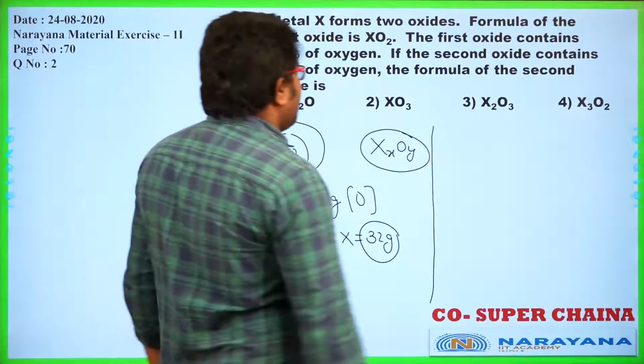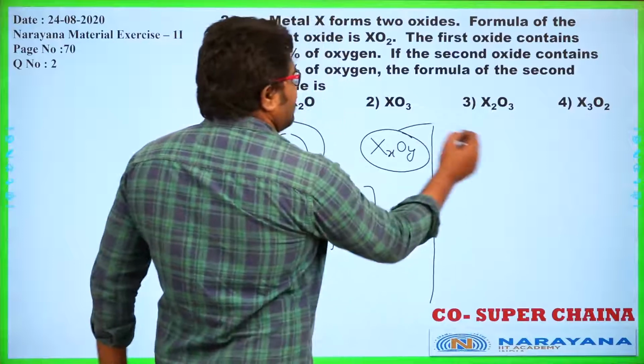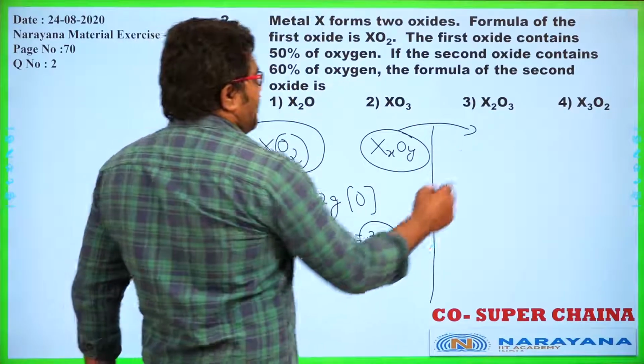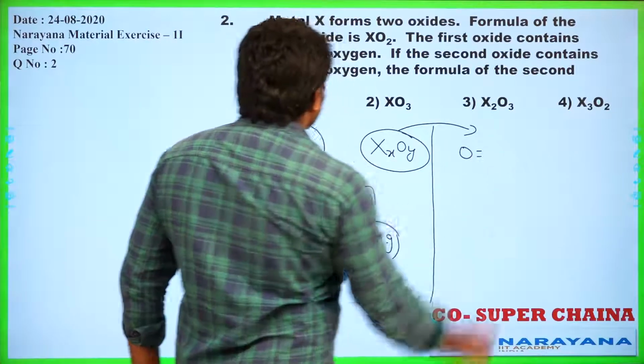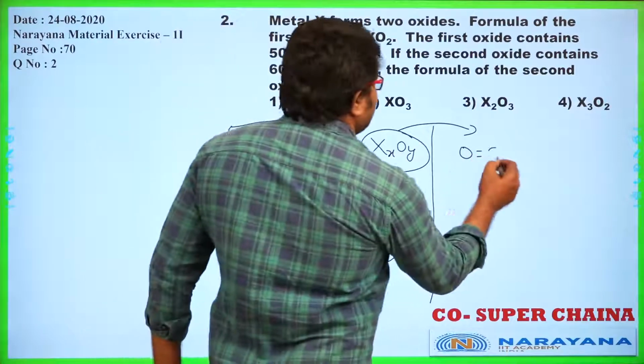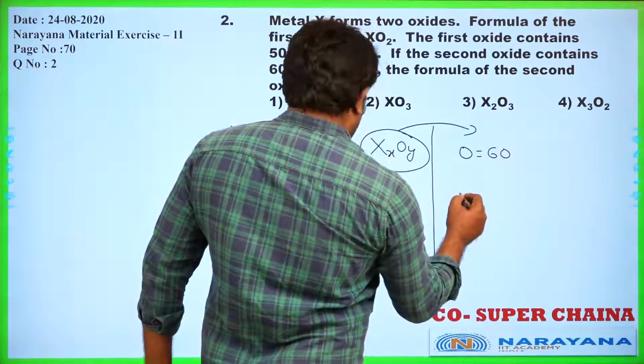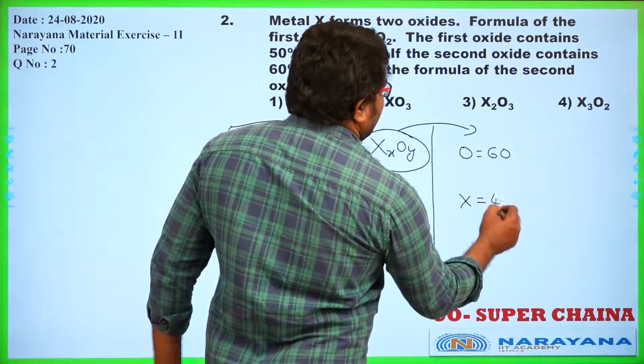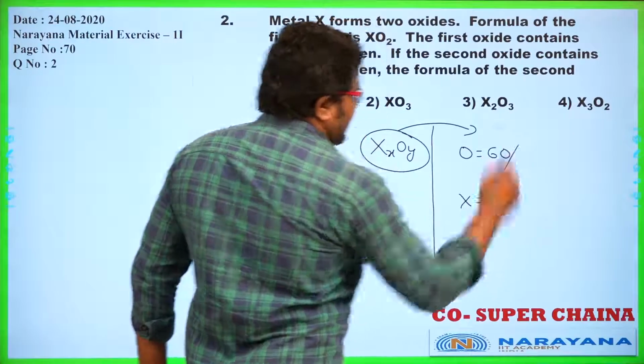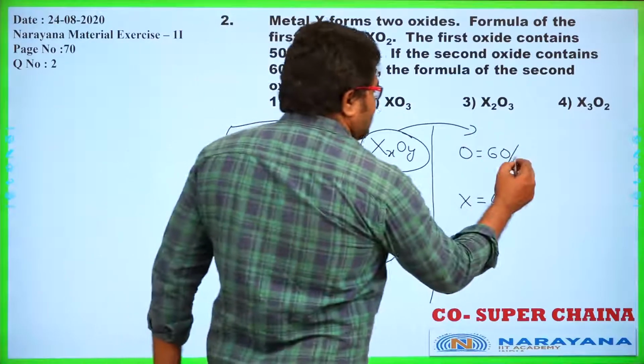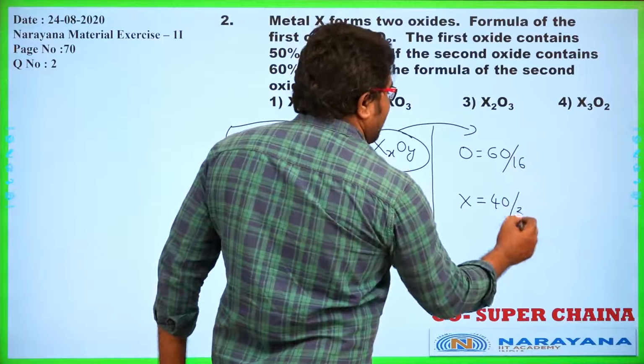Now coming to another oxide in which the oxygen percentage is 60 and the metal percentage is obviously 40. For the simplest ratio, dividing with atomic weights, here 16, here 32.